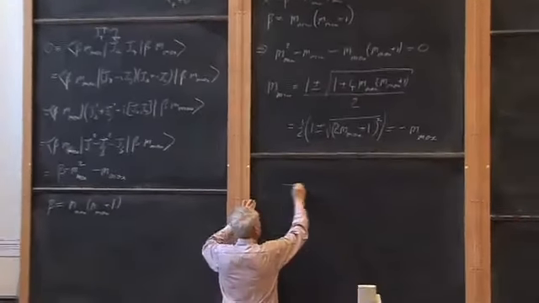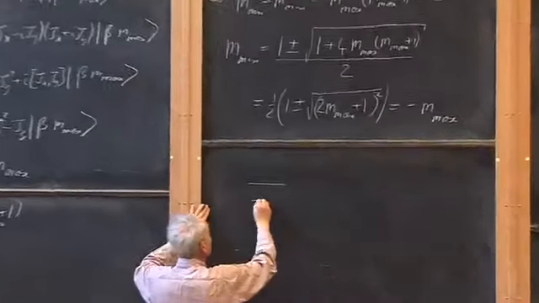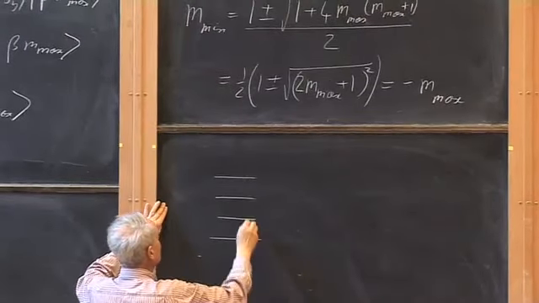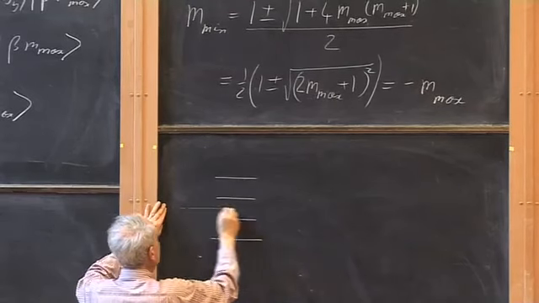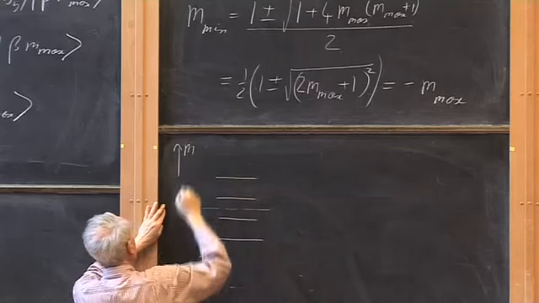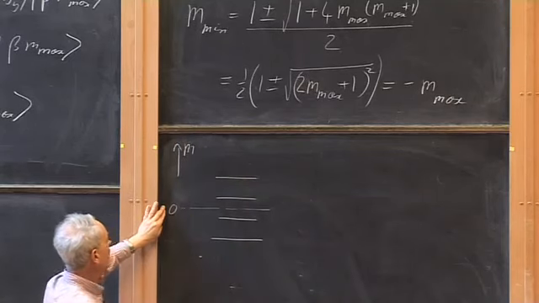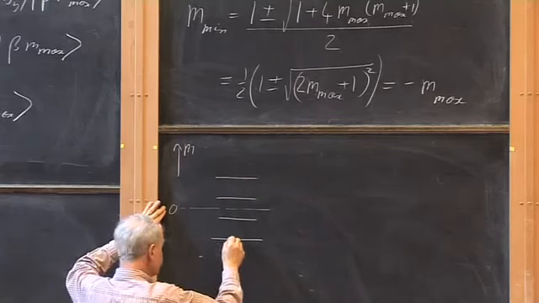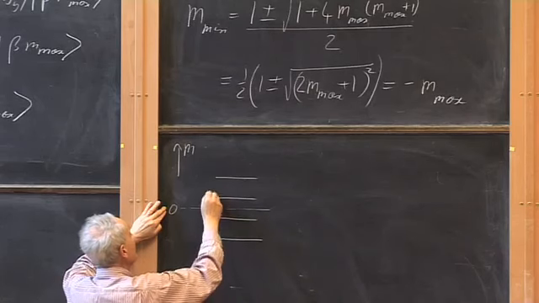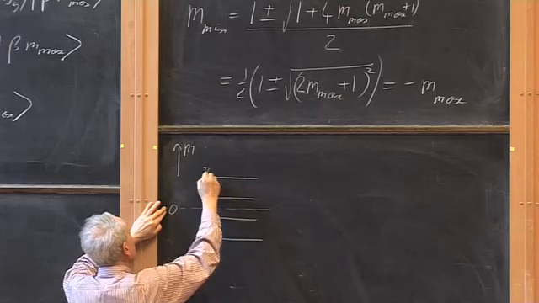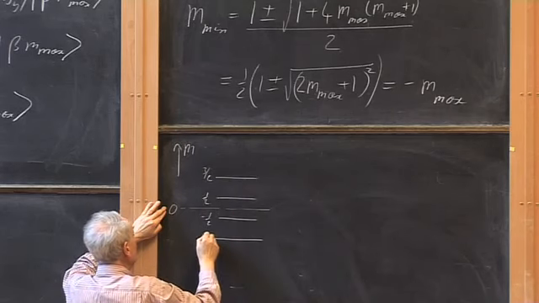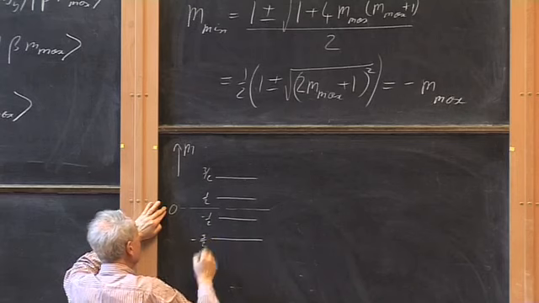We have a biggest value here, then we have a next value, then we have a next value, then we have a next value, and suppose that this is the end, then 0 lies, so this is a plot with m going up here, so here would be 0, say, in this case, this would be a half, this would be 3 halves, this would be minus a half, and this would be minus 3 halves.